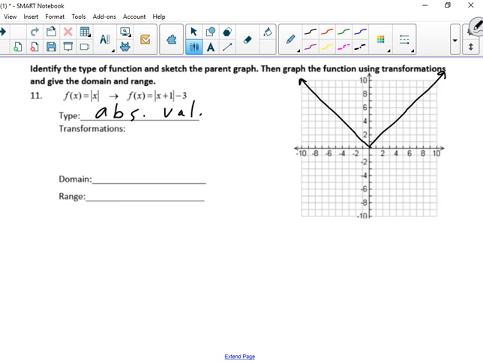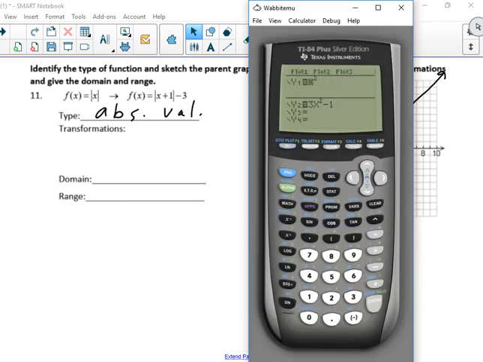Now, x plus 1 minus 3. So I'm just going to graph that one. Math, right over there. x plus 1. Come outside the absolute value bars, minus 3. Graph it. Lower and left. All right?